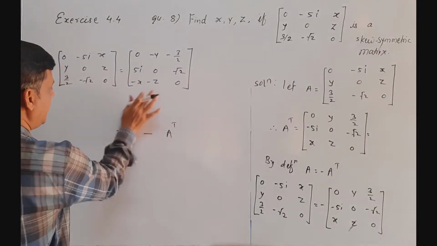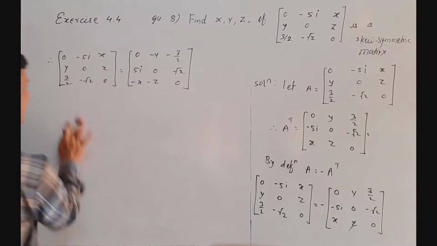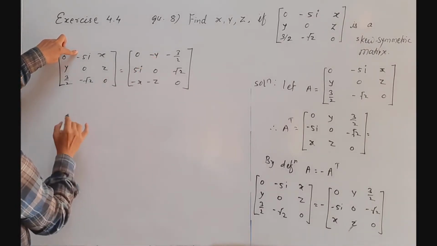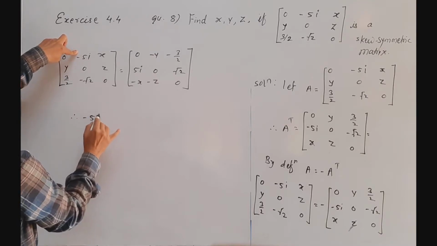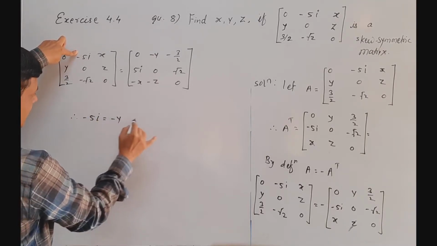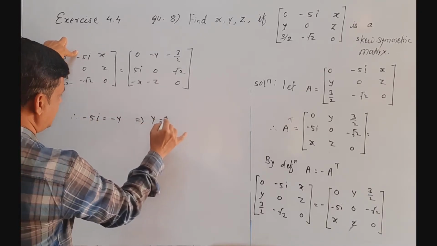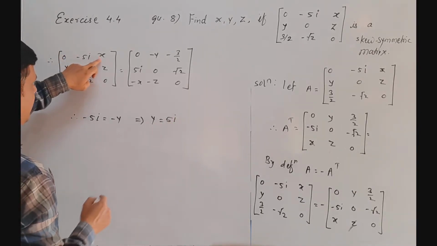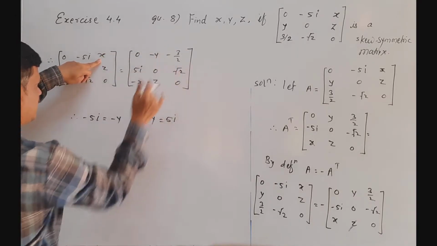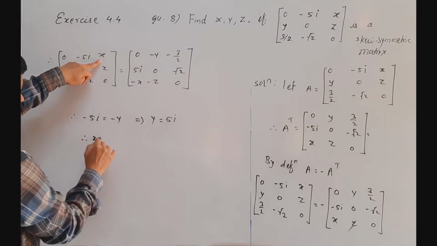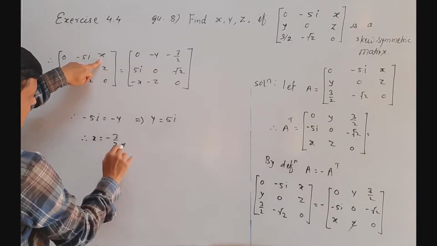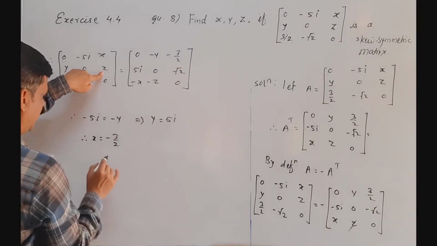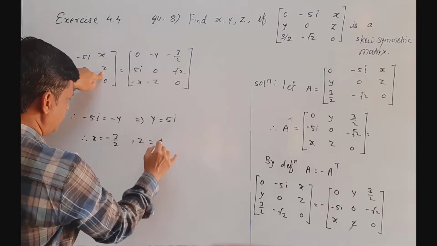So by equality of matrices we write here minus 5y equals to minus y, therefore y is equals to 5y. Then we equate x with minus 3 by 2, therefore x is equals to minus 3 by 2, then z with root 2, so we get z is equals to root 2.